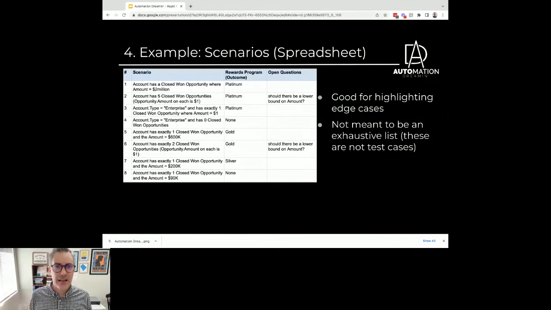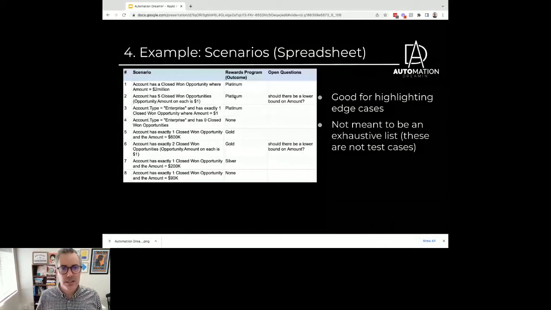That shows it's a high value account, except, oh wait, the opportunity amount is $1 each. So very low opportunity amount. And that's a great example you can put in front of a client and say, hey, are you sure you'd want this account that only has $5 of revenue associated with it put in the platinum bucket? It's just a really great way to test some of those edge cases. So that's the format of scenarios.